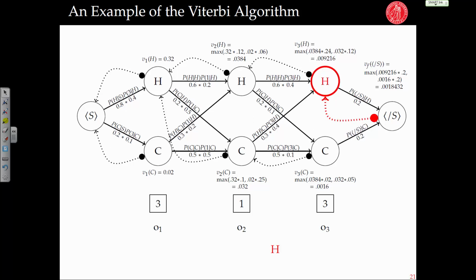So H, and then we know that in order to get the maximum probability at time point 3 for a state H, we had to come from another H, and also from another H, and that's our sequence.